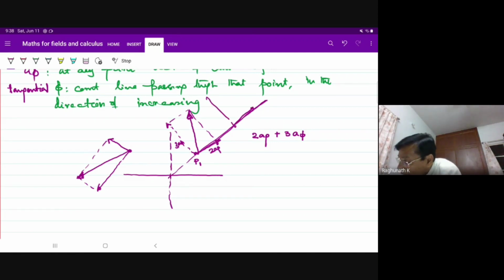They are all parallel, correct? Two parallel vectors in the coordinate system have the same direction. If phi changes, the direction of the vector will change. For 2 a rho plus 3 a phi, unless you know where it is defined, you will not be in a position to talk about its direction.